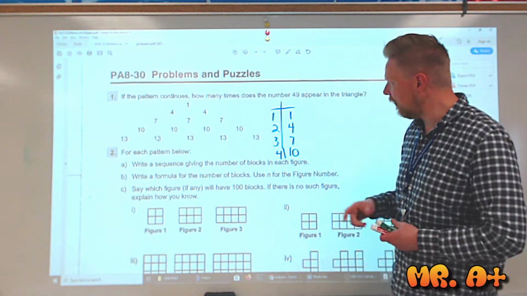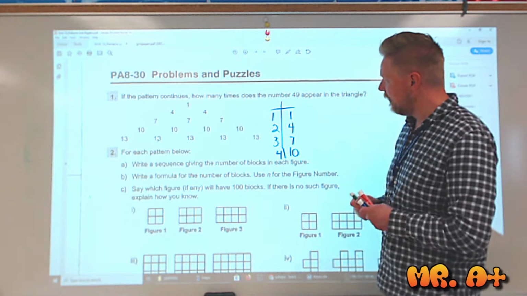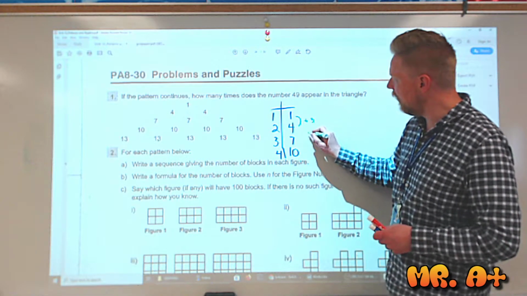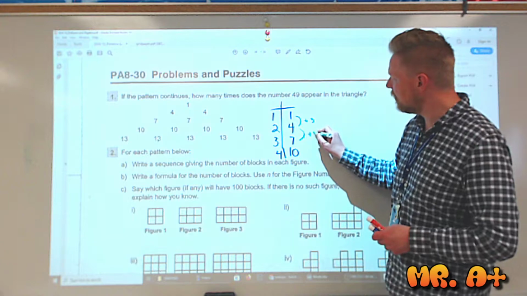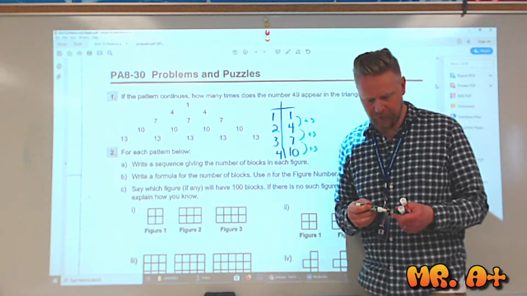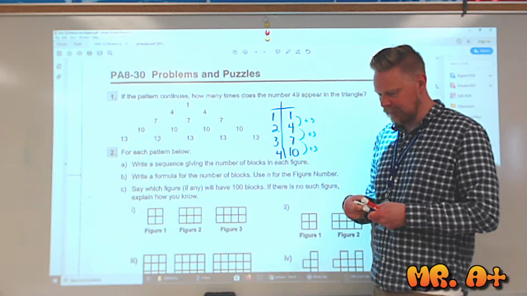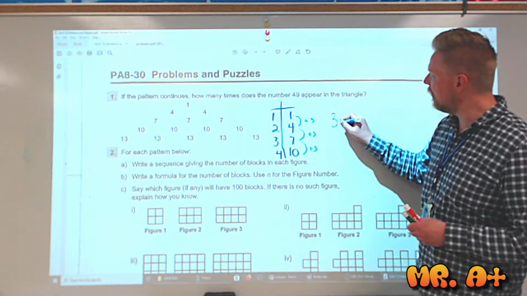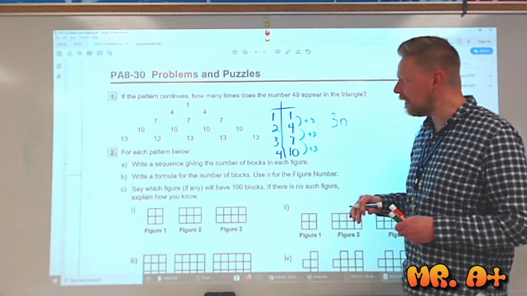Already from these, I can see that I've got a nice even gap. That's plus 3. That's plus 3. That's plus 3. So my coefficient for the formula is simply going to be 3 times the number, plus or subtract something.